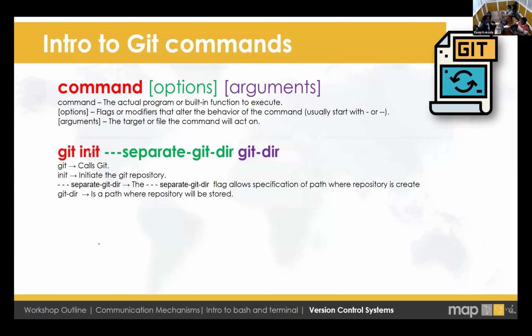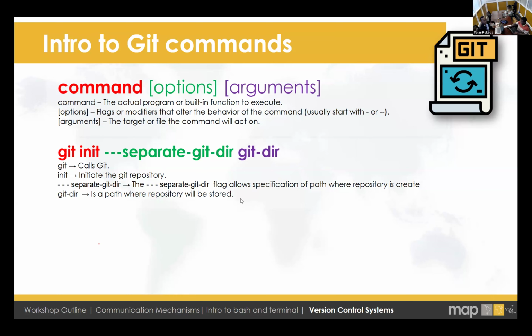So for example, you have this command here, git init. This is the command for initiating a Git repository on your repository. And then we have separate git directory. This is like an option to tell it to put the path, and the argument is the path itself.